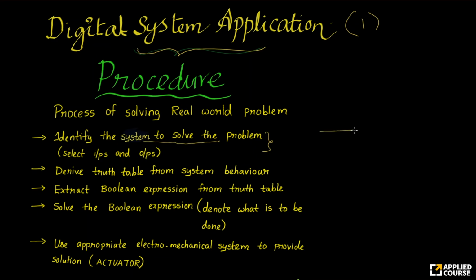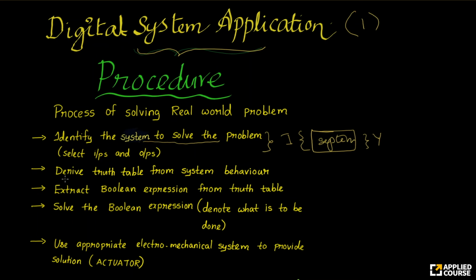So you have to represent that problem as a system, and the system is associated with the inputs I and the output Y. It can be single input, single output, multi input, single output, or multi inputs, multi outputs. That's 4 cases: single input, single output; single input, multi output; multi input, single output; multi input as well as multi output. So this is what you have to identify.